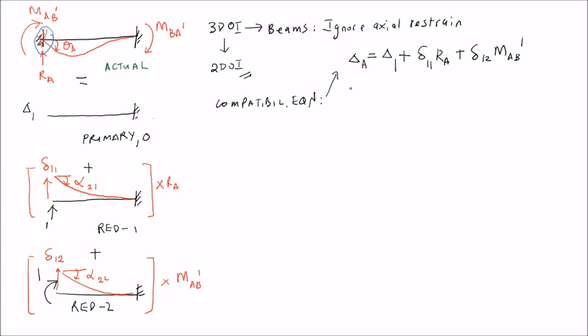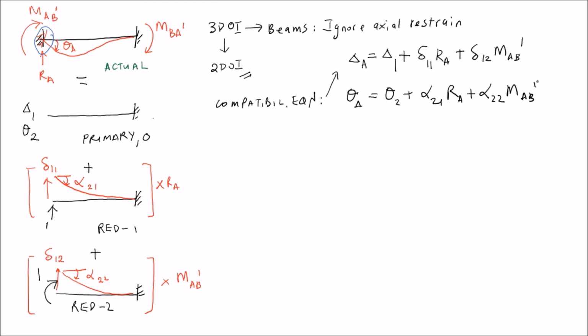And then we also know that the rotation at A for the actual system should be equal to the rotation of system 2, point 2, even though it's the same point, but it's actually talking about the second condition, theta 2, plus alpha 21 RA plus alpha 22 MAB prime.